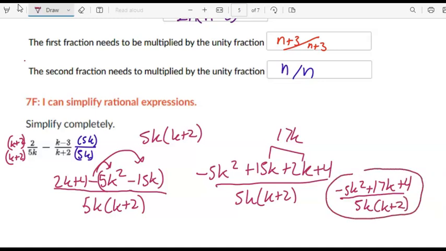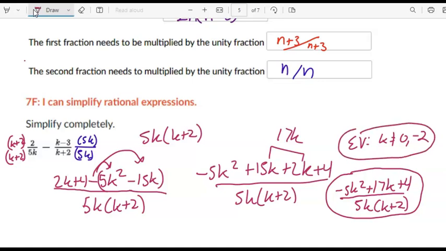From there you would see if the top part could factor, if they would cancel out with anything. In this case, it doesn't appear like that would happen, so this would be it. This is your answer. Your excluded values is k cannot equal 0 or negative 2. Those are vertical asymptotes.